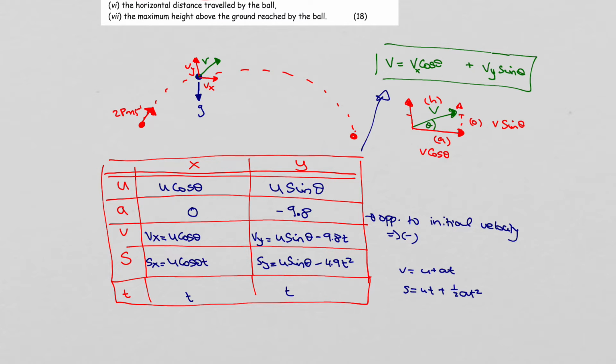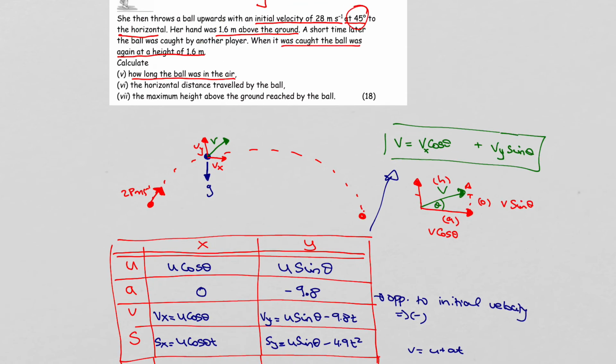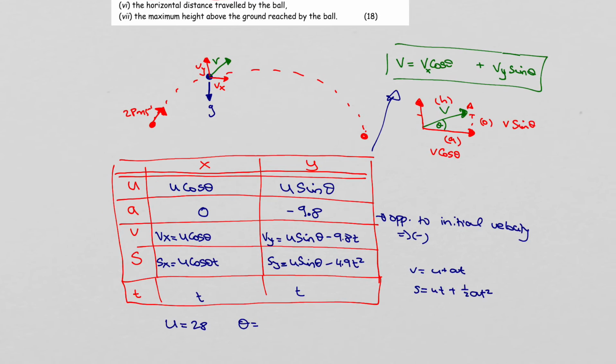Now, of course, we know in this case that u, the initial velocity, is 28, and we know that theta is equal to 45 degrees. So if I go to that diagram, I can mark in 45 degrees on that. So if theta is 45 degrees, then I could actually rewrite this whole table.